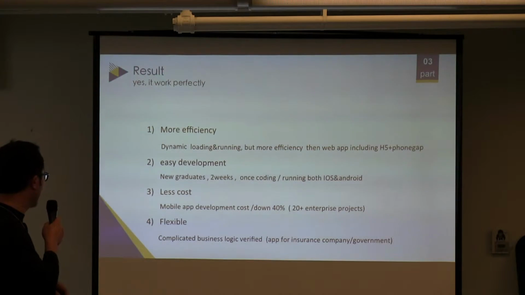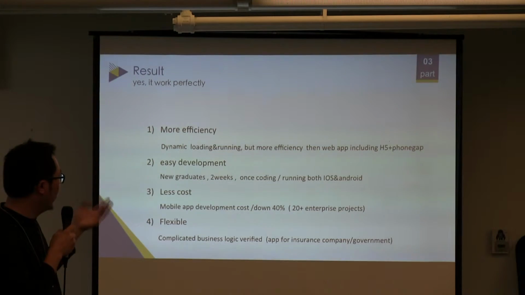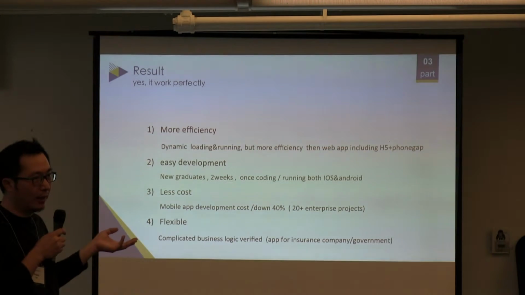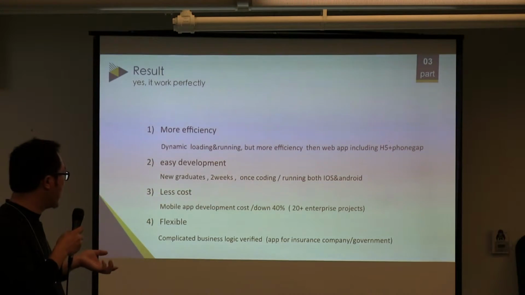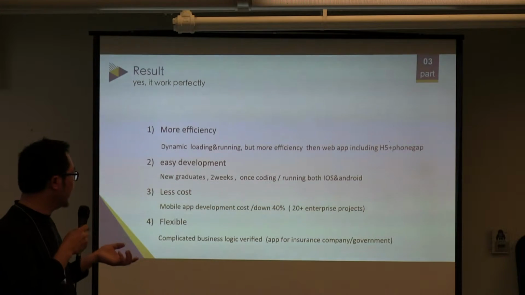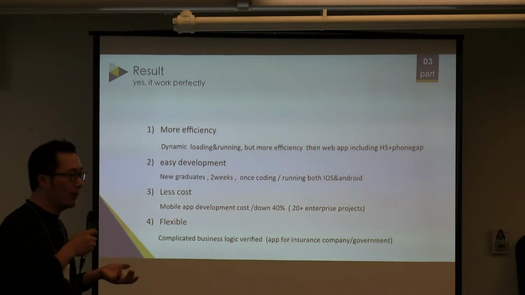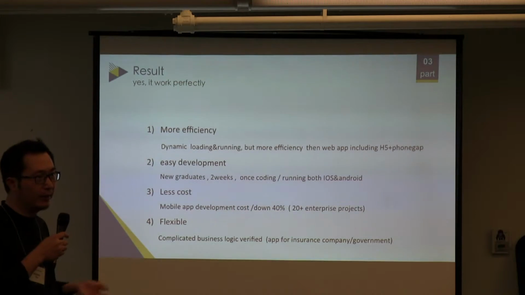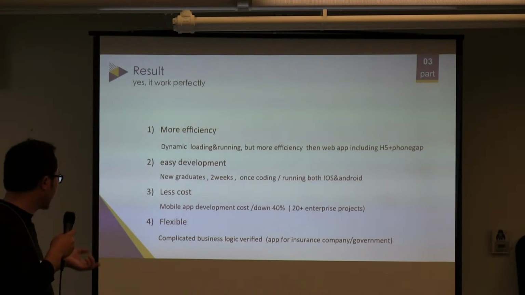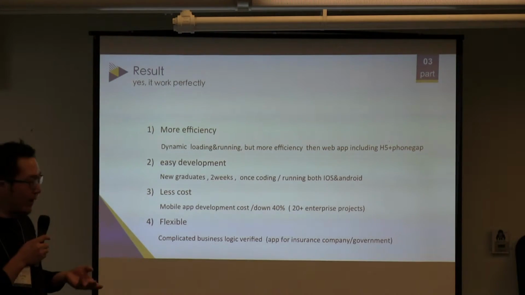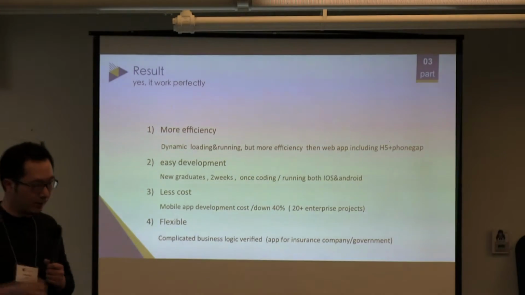New ideas can be coded in two weeks, running on both iOS and Android, at less cost. We have finished about 20 projects using Lua. It is flexible, and the business logic complexity is very wide, such as insurance and mobile apps.